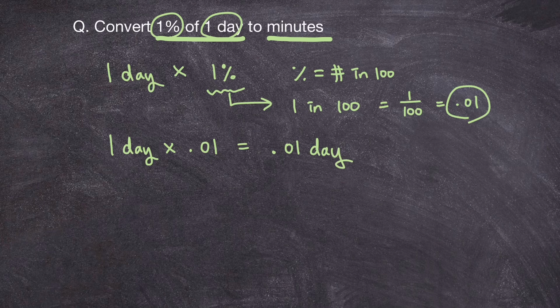Now, we're going to move to the second part of the question, which is to convert 1% of 1 day into number of minutes. So I'm going to take this number, 0.01 day, and try to convert that into minutes.